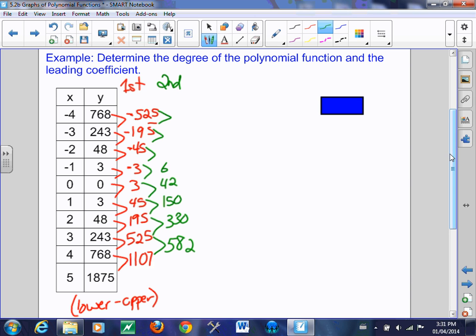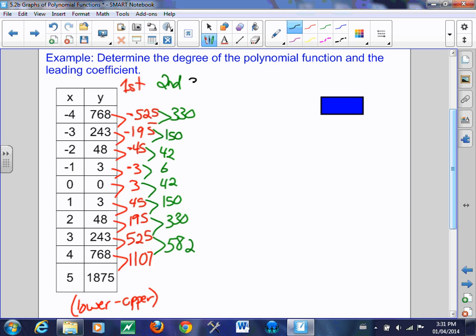Trust me, I can't do this in my head, guys. I used a calculator and then got the answers and put them on a sheet of paper. All right, so if the second differences are the same, you know it's quadratic. They're not the same, but we're going to keep going.